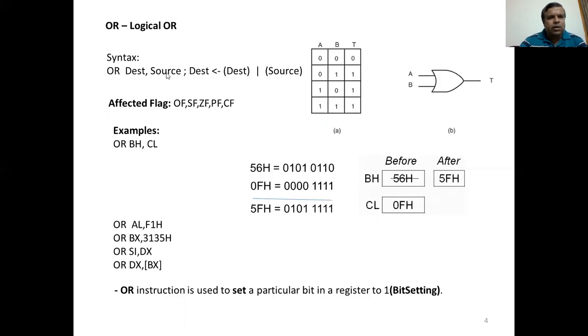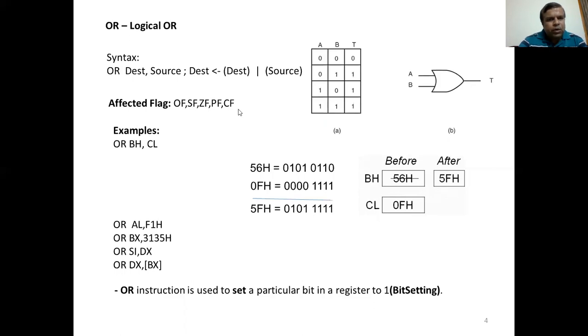Again, the source operand can be an 8-bit register or a 16-bit register or a memory location or immediate number, and the destination operand can be a register or memory location. Both the operands cannot be memory locations or immediate numbers. Flags affected are overflow flag, sign flag, zero flag, PF, and CF.